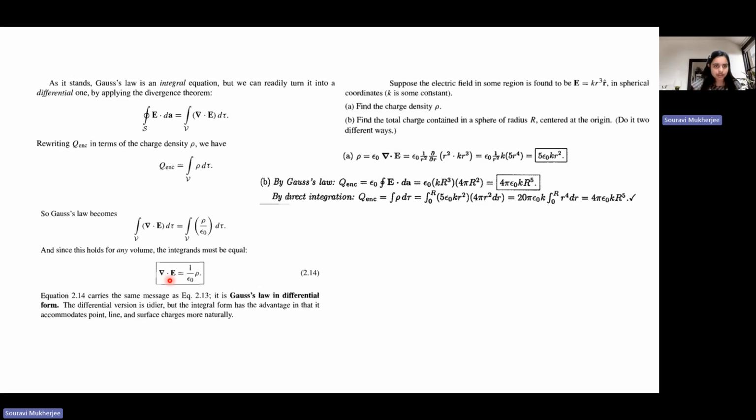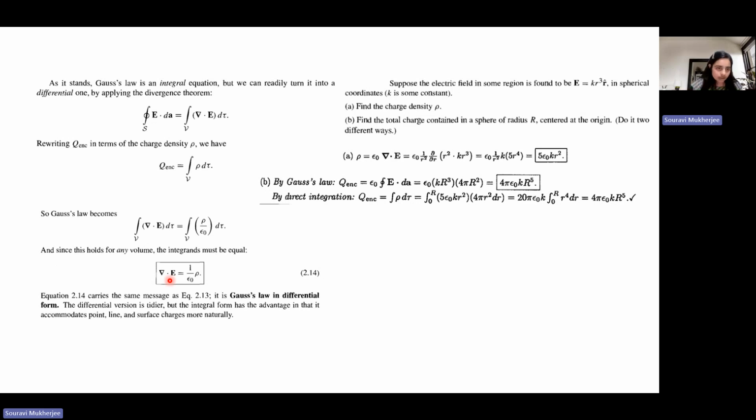So that's how Gauss's law led us to the first Maxwell equation, which tells us that if we know the charge distribution in a region, if we know the charge enclosed in a region, we can actually find the electric field by using this relation. Now, you know that to define any vector quantity, we need the divergence to be specified and the curl to be specified.